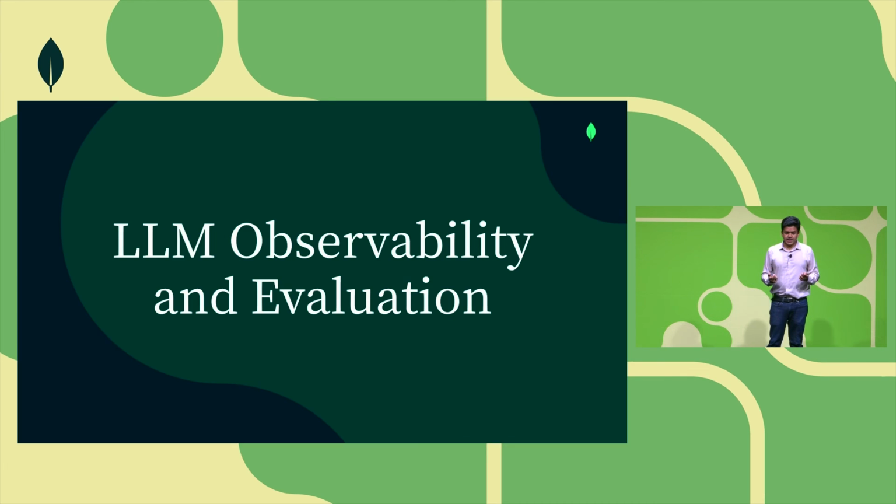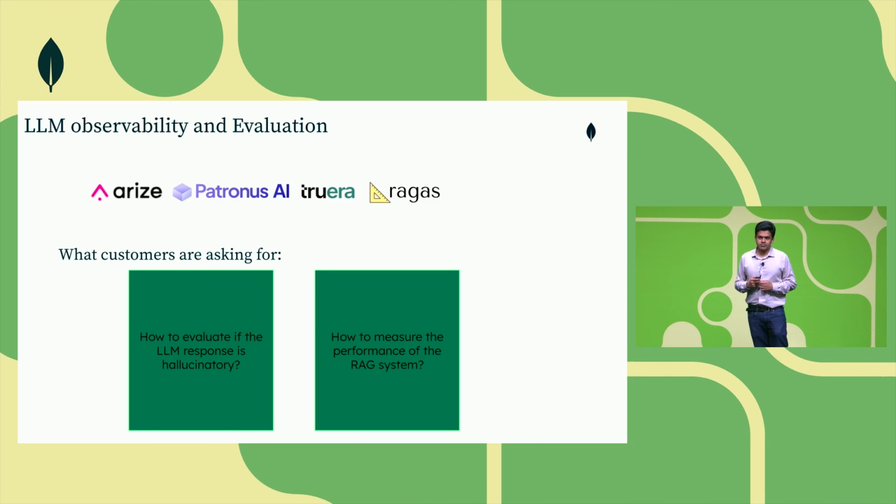So that brings us to LLM observability and evaluation. This is where you want to think about big questions of how do I really evaluate where an LLM response is hallucinatory. As we are all aware, with this recent iteration we are in a non-deterministic world.